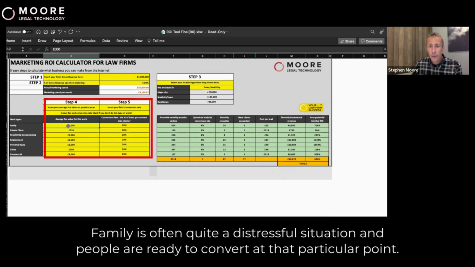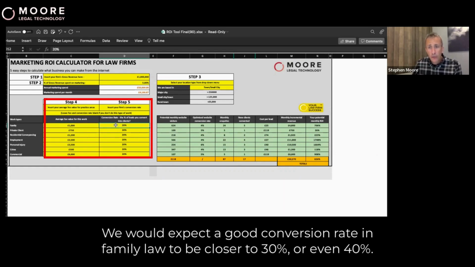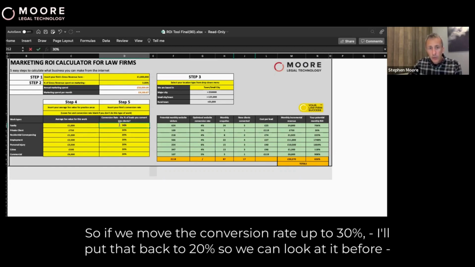Family is often quite a distressful situation and people are ready to convert at that particular point. We would expect a good conversion rate in family law to be closer to 30%, even 40%. So if we move up to 30%, sorry, I'll put that back there so we can look at it before.